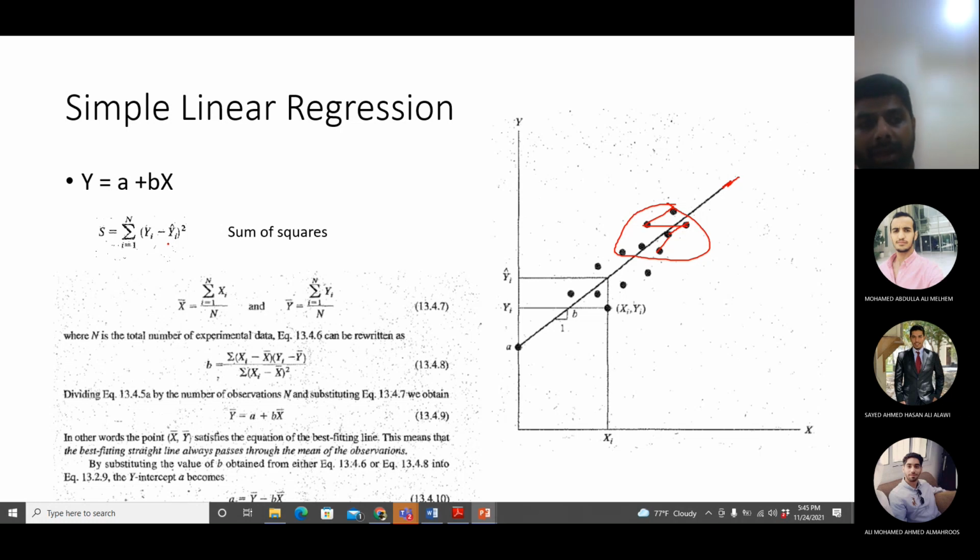In the method of least squares, those values of A and B will be selected which give the least value of this summation. So we are trying to find the values of A and B which give us the least value of this summation.